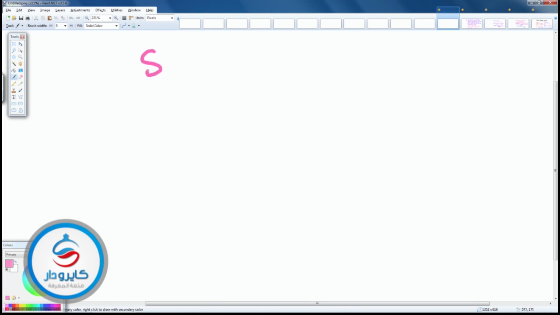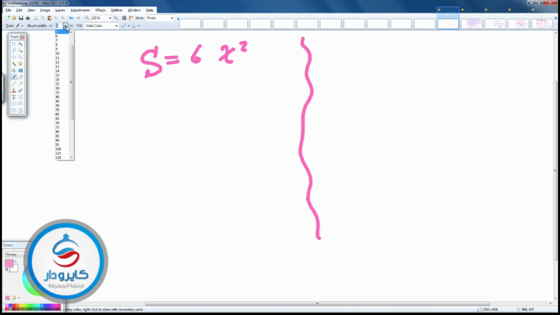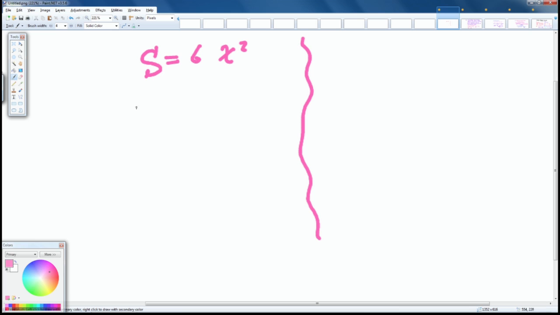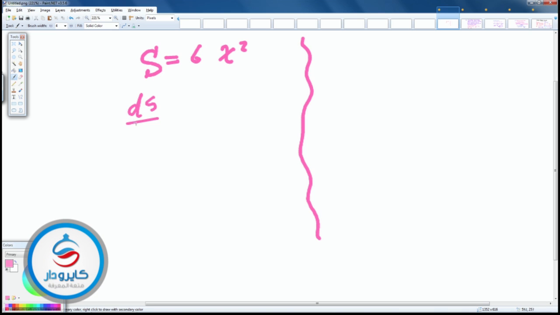We know that the surface area of the cube equals 6x square. Differentiate to the time, ds over dt equals 12x dx over dt.